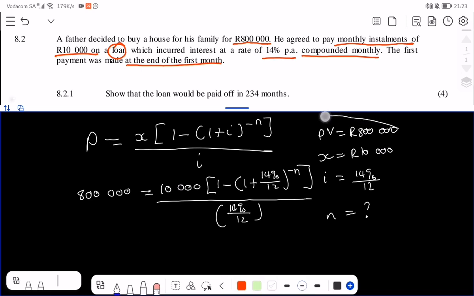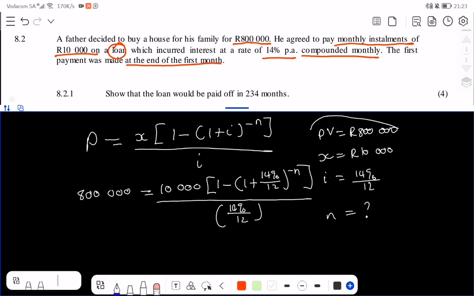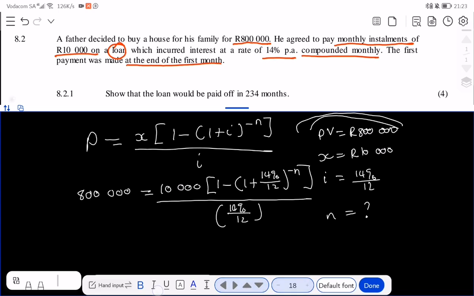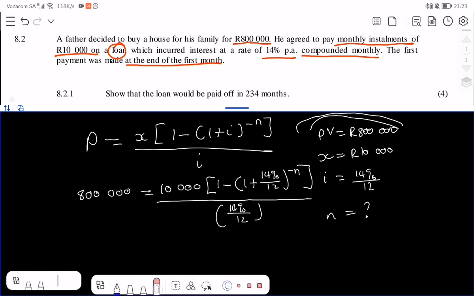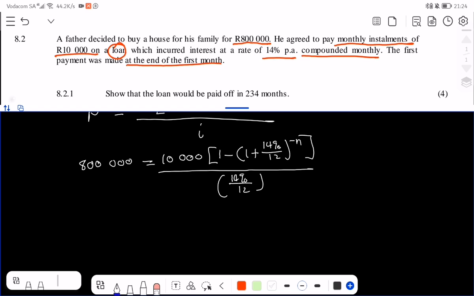Now we can continue. What we need to do now is to simplify it further. We need to multiply throughout by 14% divided by 12.